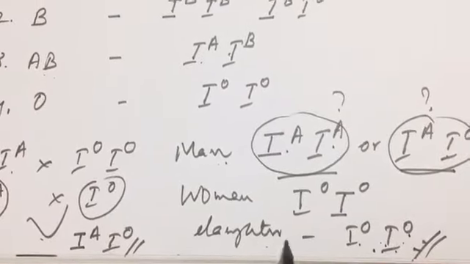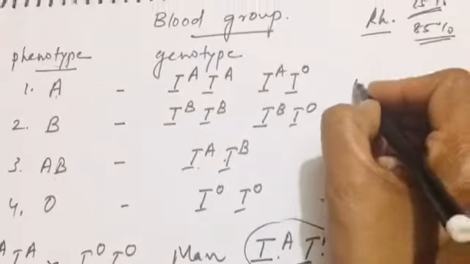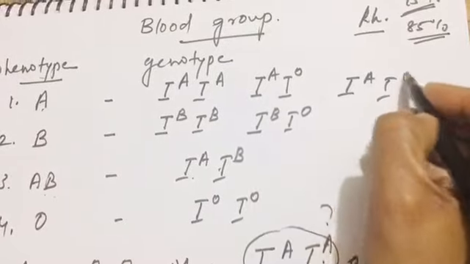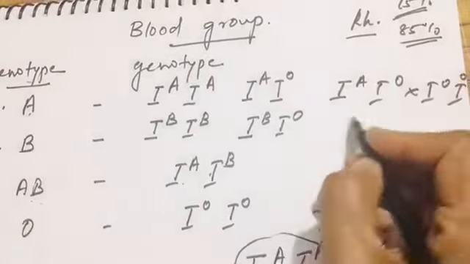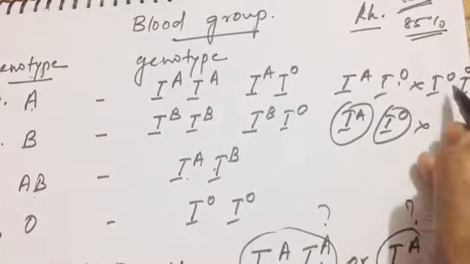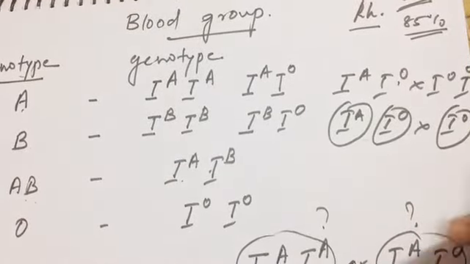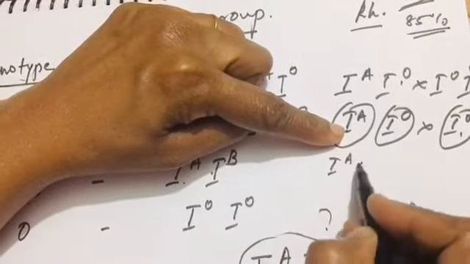Then what is the other option? IA IO. So let us see how it is possible. IA IO versus IO IO. One IA we are taking, the other one IO. Here there is only one version, IO, so we will take it only one time. This will pair with this, giving IA IO.